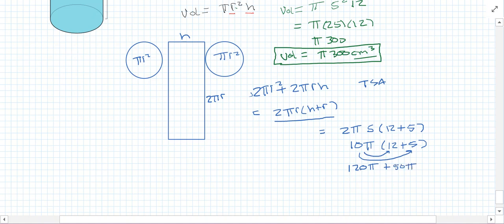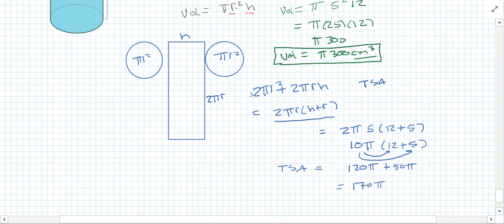So the total surface area is equal to 120 pi plus 50 pi, and if we add these together, that's equal to 170 pi.